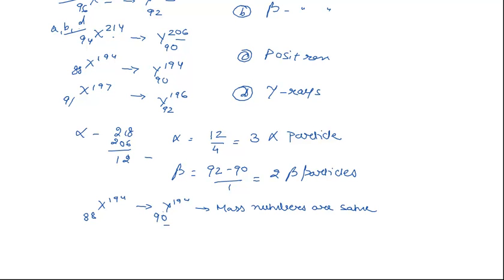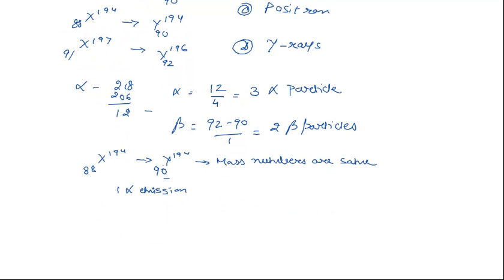Can I make it like there is 1 alpha emission followed by 2 beta emissions? After 1 alpha emission, the mass will be decreased by 4 and the atomic number will be decreased by 2.